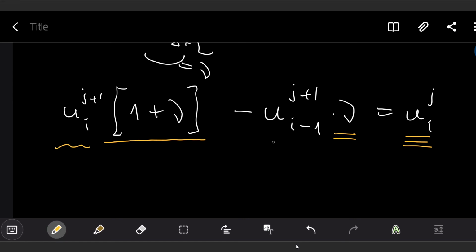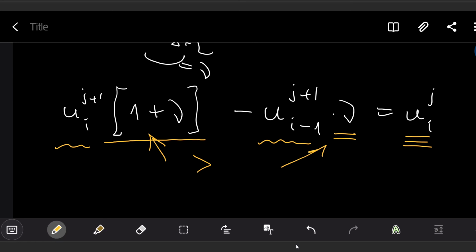So this value and this value will be unknown. Here all the others are coefficients. This coefficient here, and this coefficient is just a value here. Also important to say that this value is bigger than this value here.